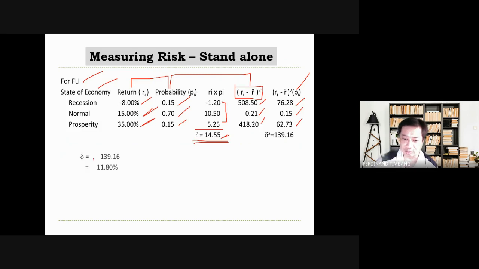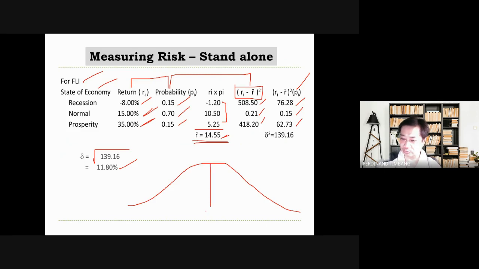And then you get the square root. Therefore, this is the 11.8%, which is the standard deviation. Now, if you will draw that in a normal curve, ganyan yung normal curve natin.